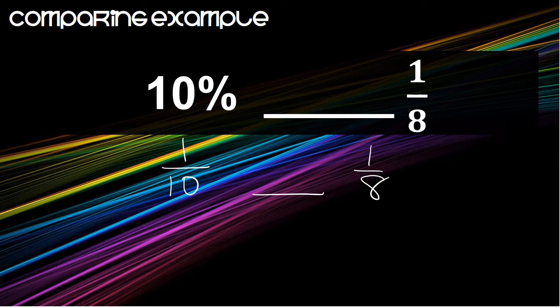For me, I'm going to compare the denominators. And I know that when I have pizza, if I cut my pizza into 8 equal slices, my slices are bigger than if I cut it into 10 equal slices. So in that case, I can say 1/10 is less than 1/8.